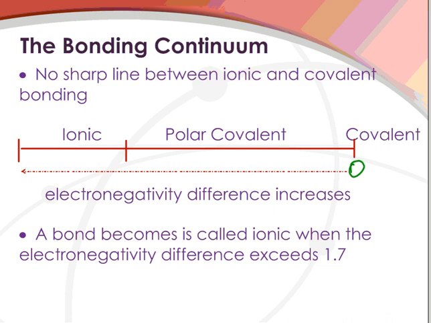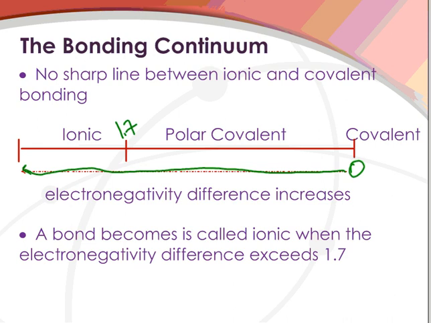As you increase the difference in electronegativity going this way, the bond becomes increasingly polar, and then eventually it's going to get so polar and those electrons are going to be hogged so much that an atom could actually grab them, get a full-on negative charge, and you end up with an ionic compound. A bond basically becomes ionic when the electronegativity difference between the two atoms goes above 1.7.